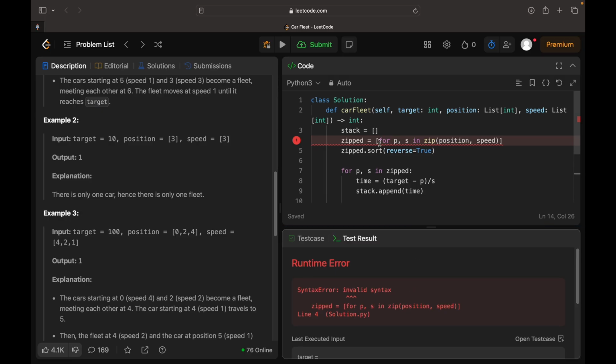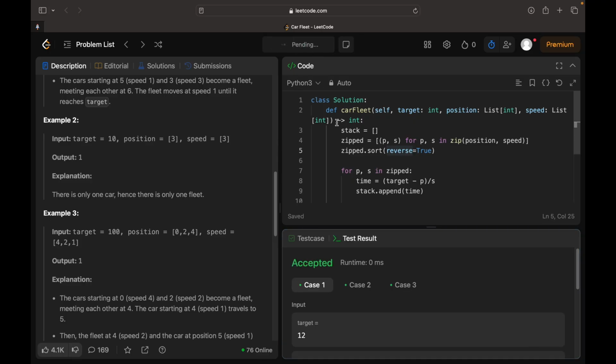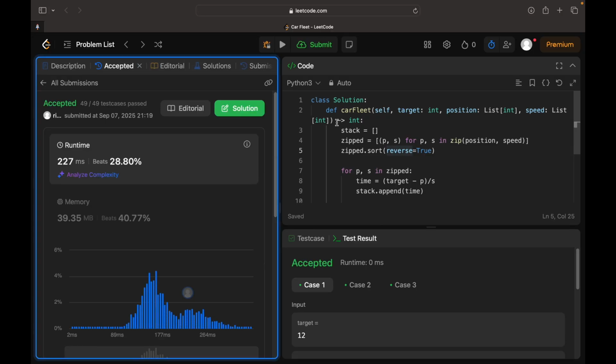Oh yeah, the reason for that is I've not created a tuple p, s, right? For every element in the zip of position and speed, I want to have a tuple here. Cool. Let's run it now. And it works out. Let's submit it. And that works out as well.